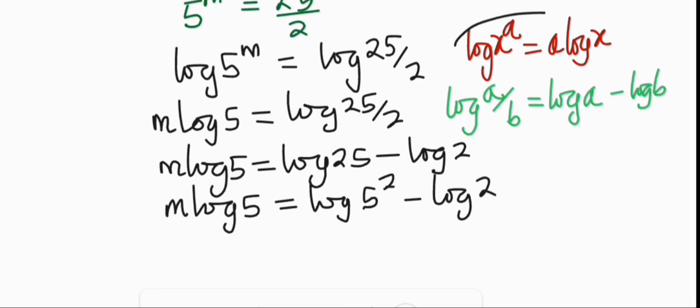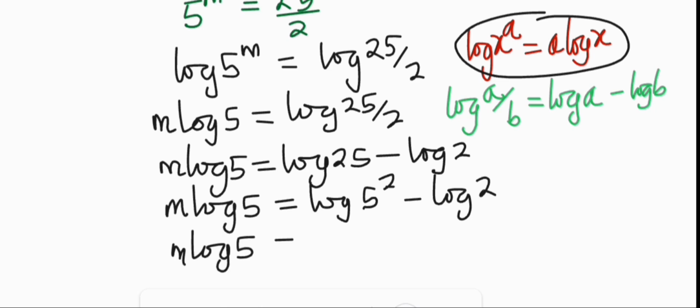And applying this law, which we have applied before, we'll be having m times the logarithm of 5 equals 2 times the logarithm of 5 minus the logarithm of 2. After which we divide both sides by the logarithm of 5.